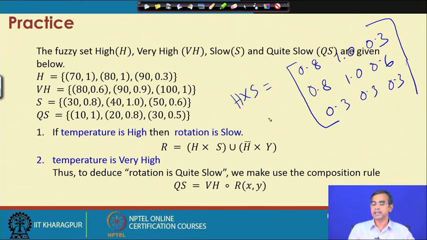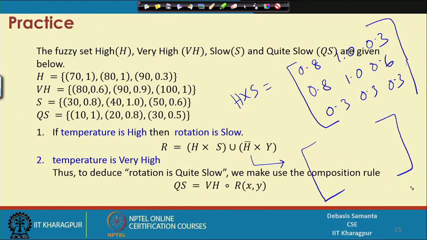So, this basically gives the calculation H cross S. Now, similarly, this also can be calculated and we can obtain another relation matrix as 0.0, 0.0, 0.0, 0.0, 0.0, 0.0, 0.0, 0.0 and 0.7, 0.7, 0.7. You can verify this calculation.